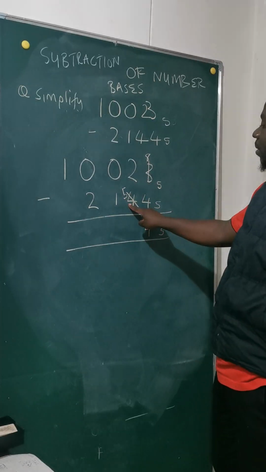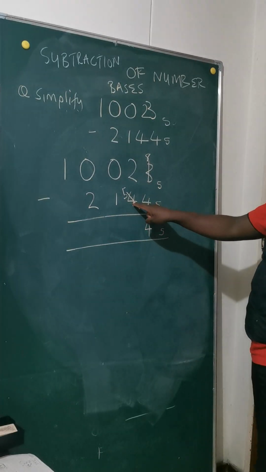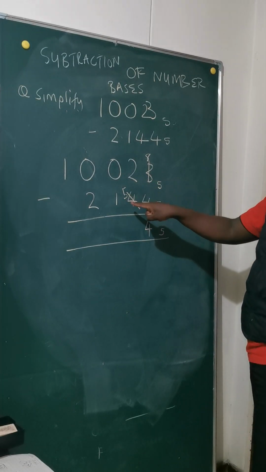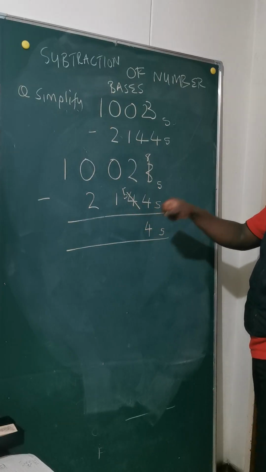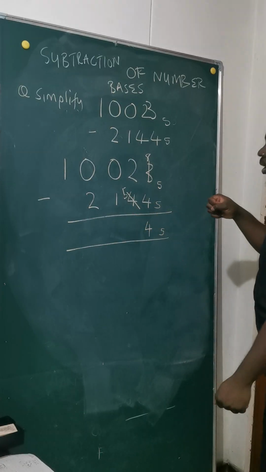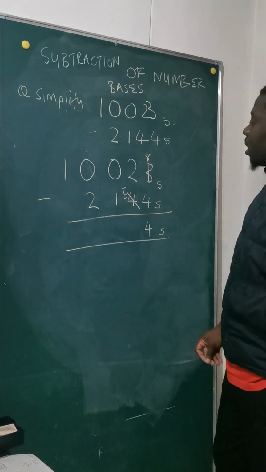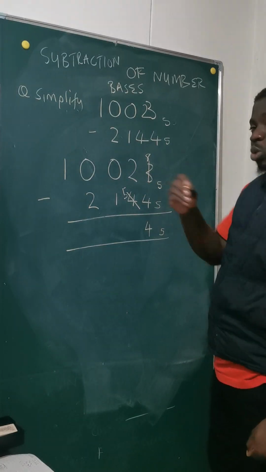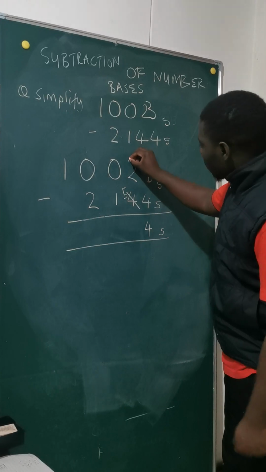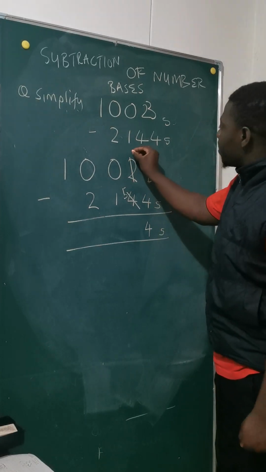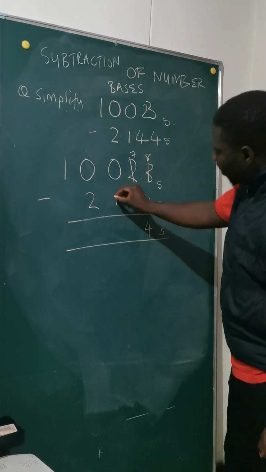2 minus 5. Remember, this was a 4, but because we've added 1 to this 4, it becomes a 5. So we borrow 5 and bring down 1, according to that base. Then we say 2 minus 5, it can't. Because we are in base 5, we add 5 here. Now it becomes 7. We bring down 1.